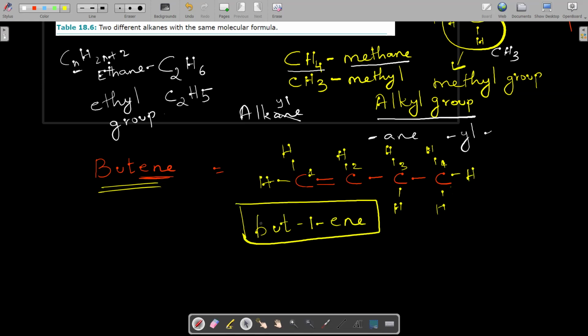The names of organic compounds change depending on the functional group. The first part of the name shows you the number of carbons, and the last part of the name shows you the functional group. Here the functional group is at carbon 1. So this is but1-ene.